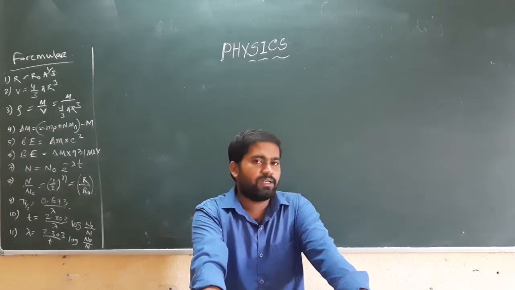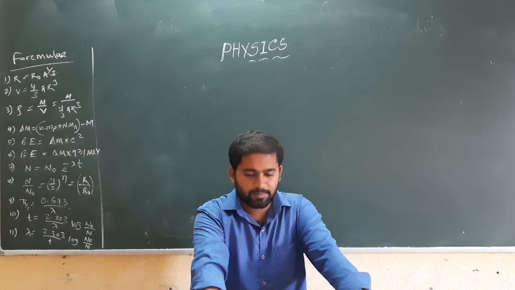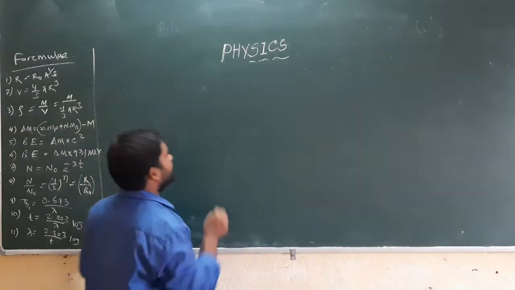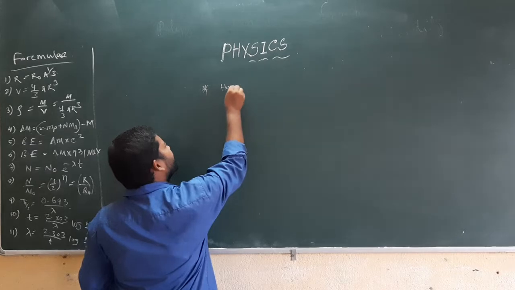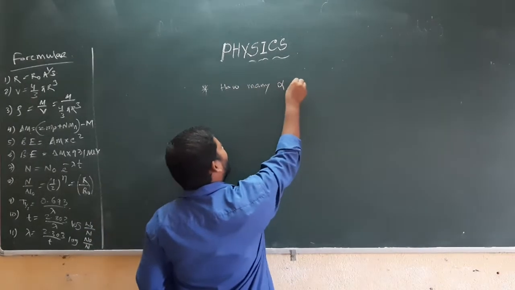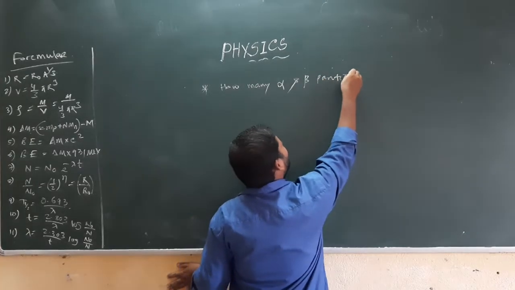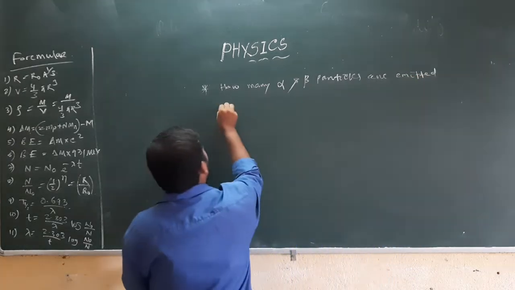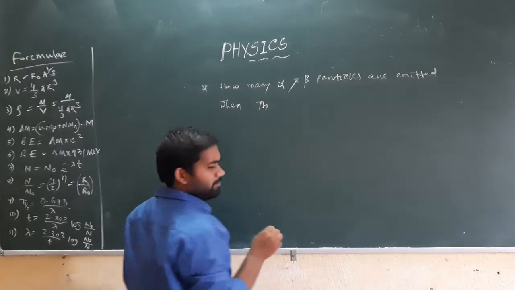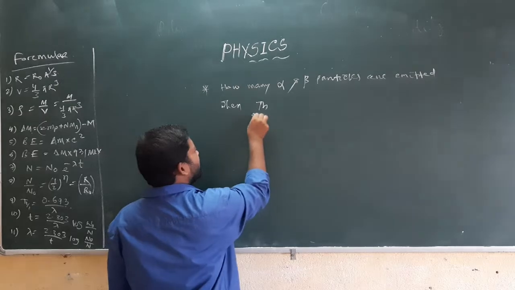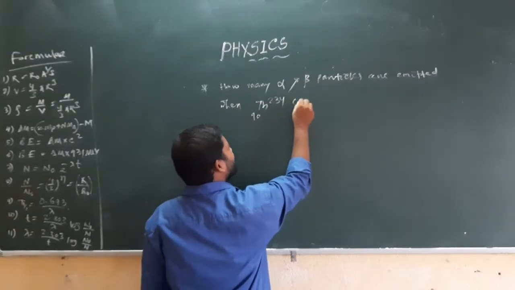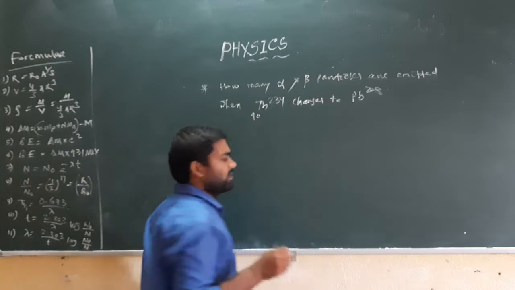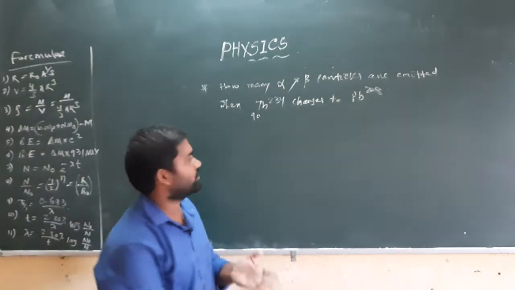The question is given like: how many alpha and beta particles will be emitted when thorium changes to lead?